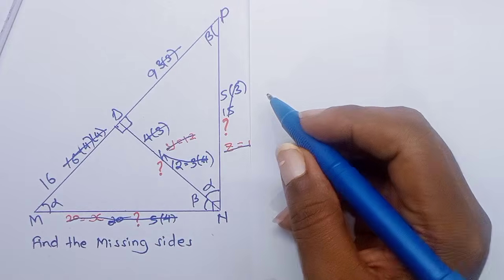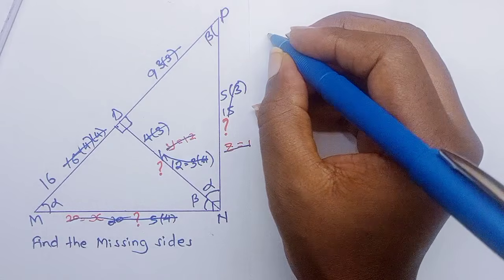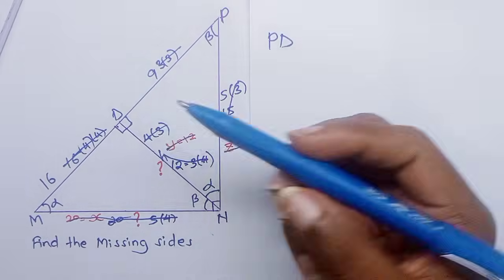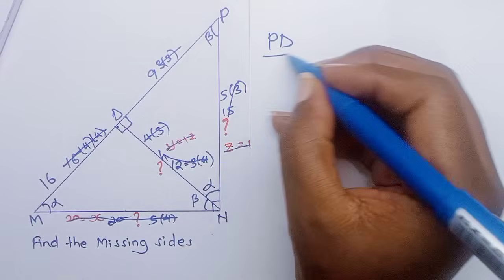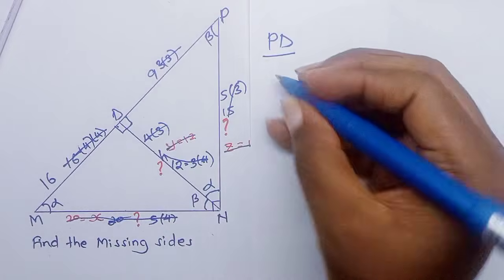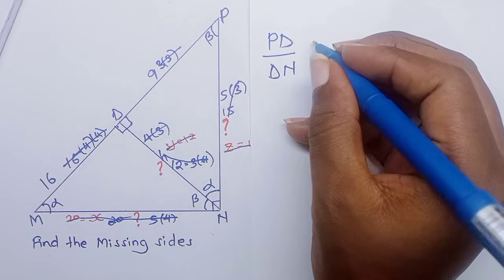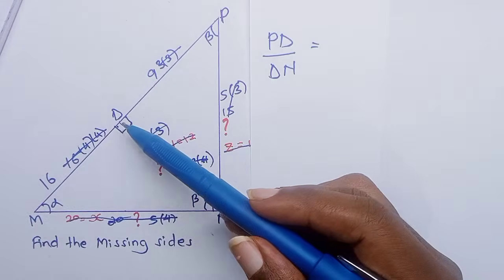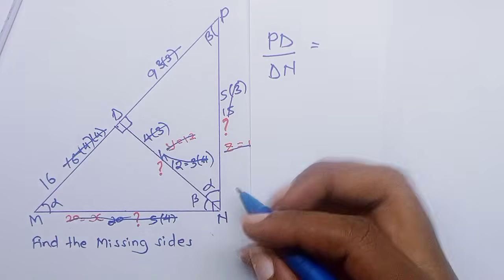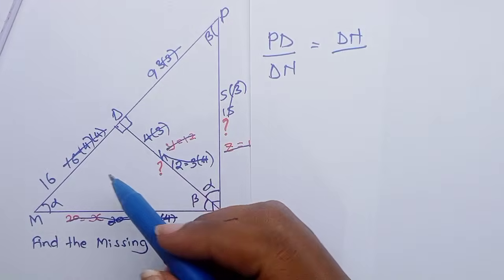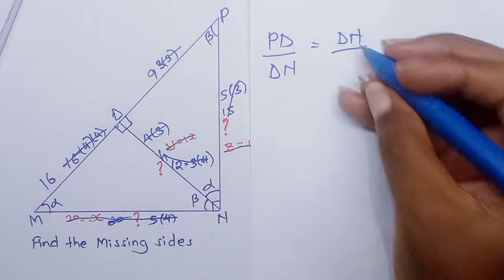Since they are similar, we can use proportions. So using proportions, we can say that PD over DN is equal to DN over DM.